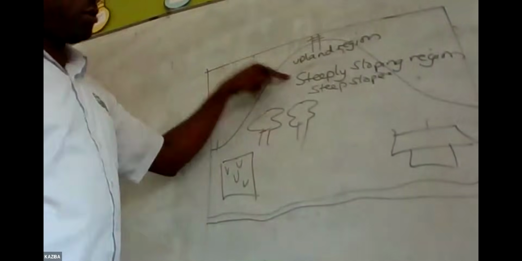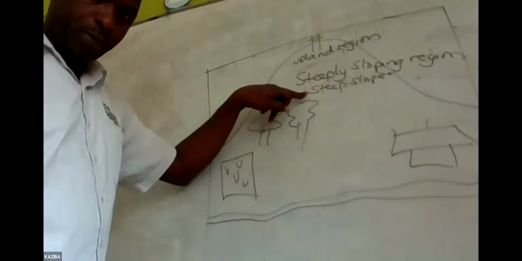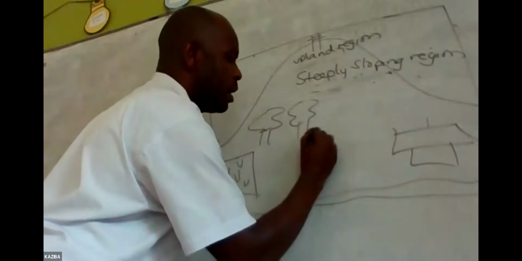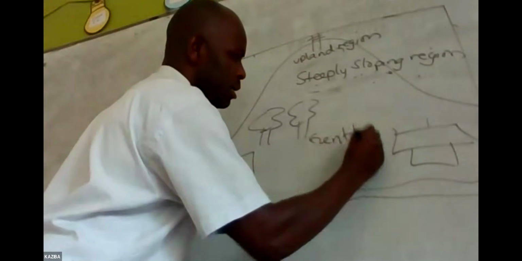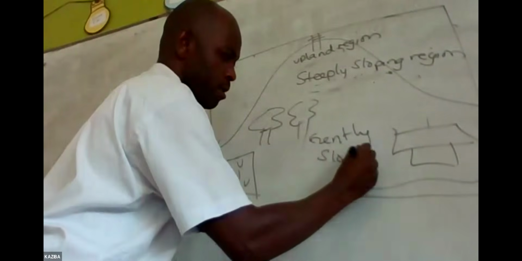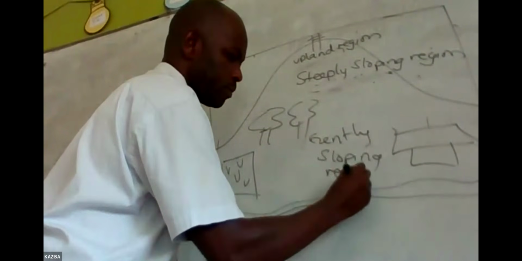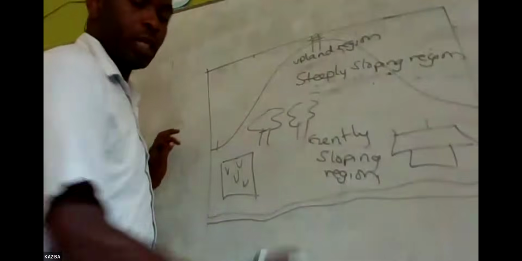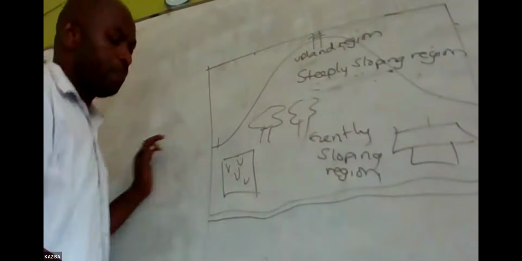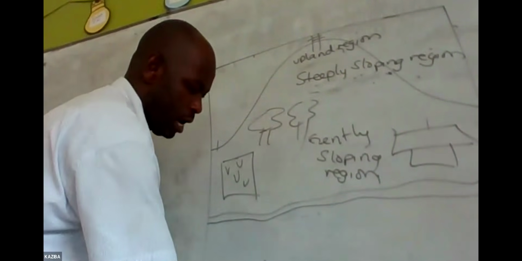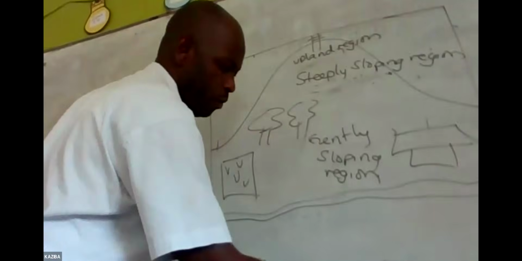So this is a region. This is a slope. Then of course this is now a gently sloping region. But if it is a feature, you say steep slopes. Then maybe here I have a low lying region.